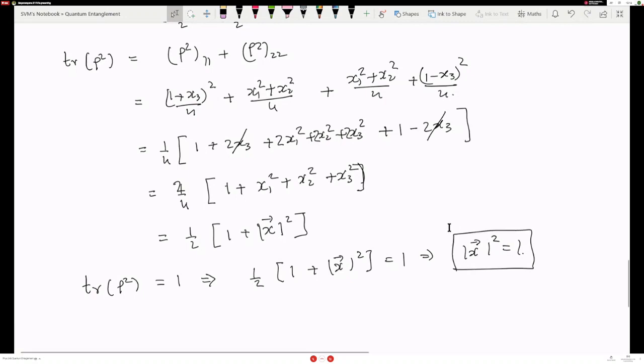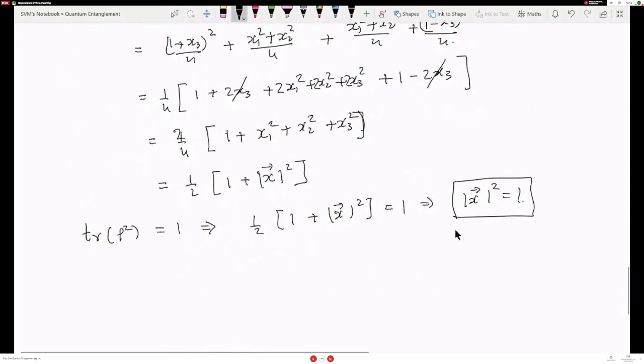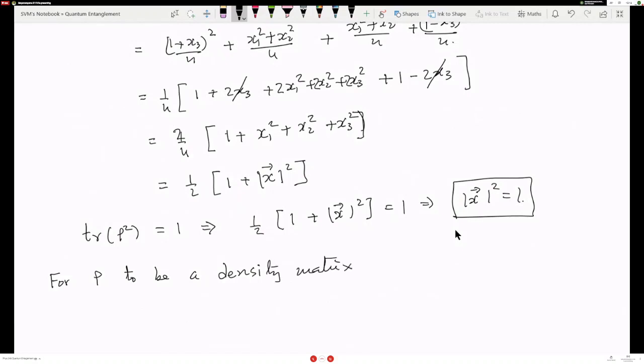Okay. So now you can see that in general, for rho to be a density matrix, recall when I say rho has this expression half I plus x dot sigma, for rho like this to be a density matrix, modulus of x has to be less than or equal to 1.